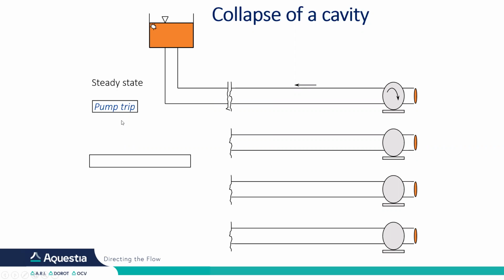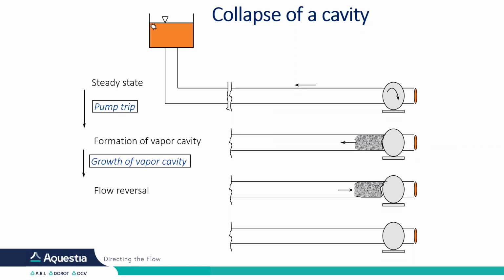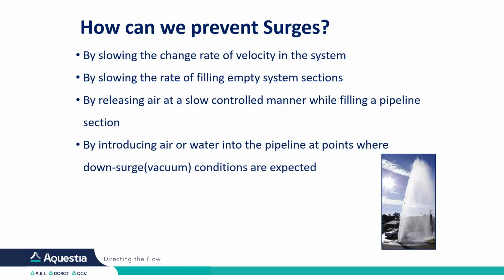We have the water column separation, the formation of the vapor cavity, the vapor cavity growth, the flow reversal. The water column turns back. We have the collapse of the vapor cavity and bang, upsurge. So how can we prevent those pressure transients, the surges?